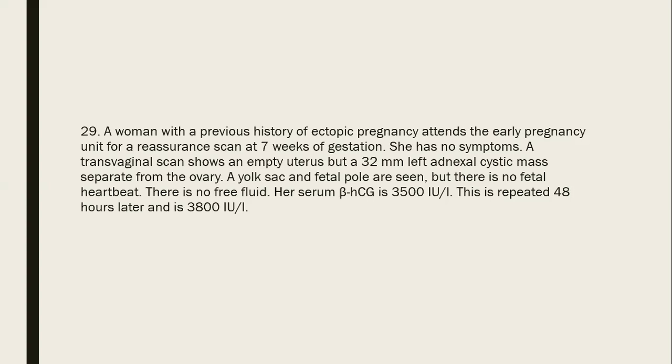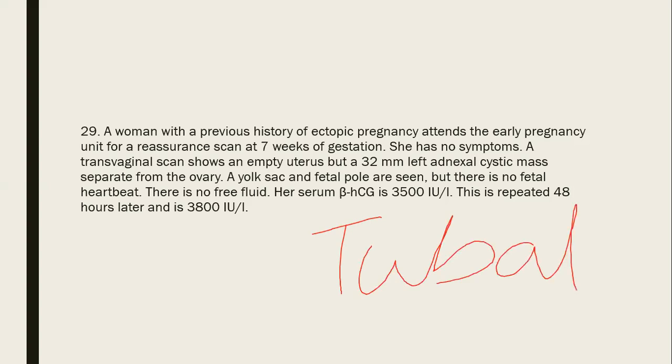This is repeated 48 hours later and it is 3,800. Methotrexate. Yes, we are talking about management. This one also we will use methotrexate, because it is less than 5,000. Intramuscular methotrexate is the choice.